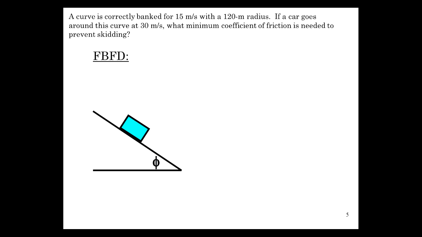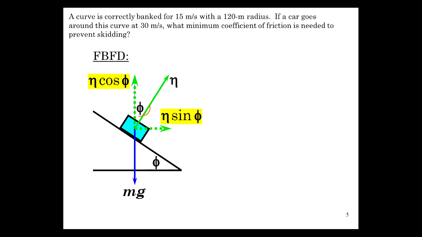Well, the first thing we need to do is figure out what this angle is in the first place. If it's just right for 15 meters per second, we better figure out what phi is. So let's do that. We got weight, we got normal, and there's that angle with respect to the vertical. So we have normal cosine of phi, normal sine of phi, breaking the normal into its components.